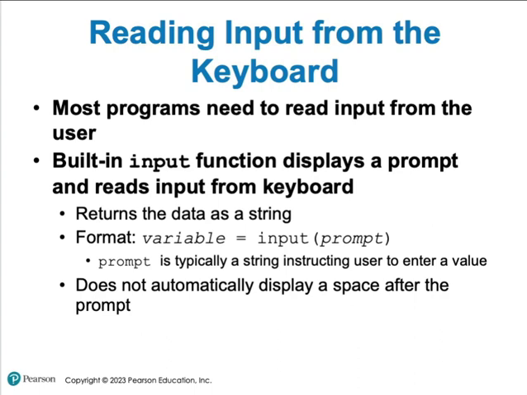So the example is I want to give a prompt, which is usually asking the user to input a specific type of data, or another way to say that, tell the user what we want them to input. We then read that and then store it into whatever's on the left hand side of the assignment statement. In this case, it's a variable, named variable.